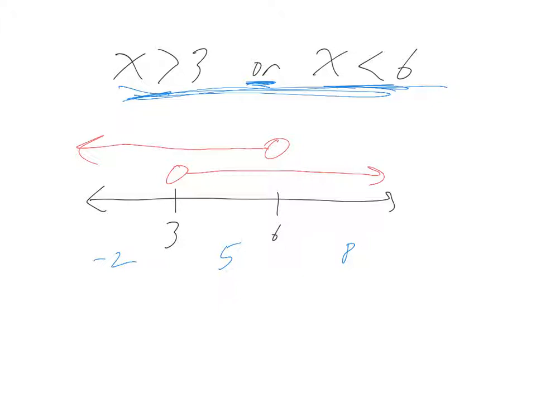And so in this case, every real number satisfies this. So on the graph, you would shade in the entire graph. And in interval notation, your solution would be all real numbers, or negative infinity to infinity.